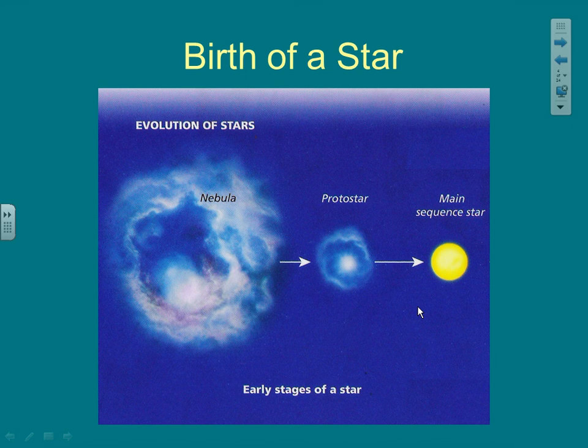So, if you don't have enough mass, or if that balance between gravity's inward pull and fusion's outward push doesn't balance out right, you get something like Jupiter. Okay? Jupiter is a big collection of gas, just like the sun is.